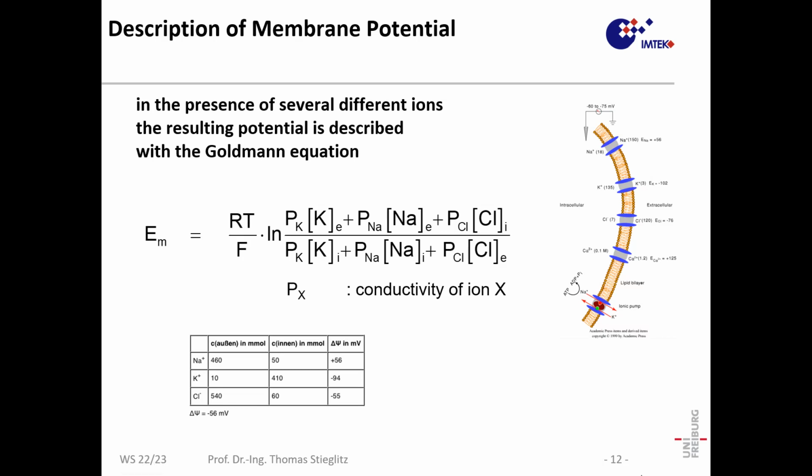As an electrical engineer, I'm always a bit struggling with chemistry, and I'm much more in favor of electrical equivalent circuits. If you come from biology or chemistry, it's probably just the other way around. But you can exchange that.